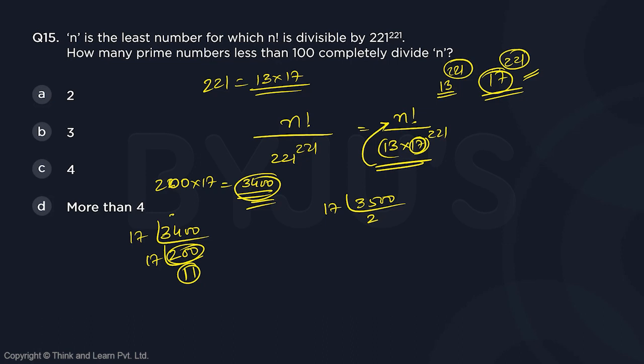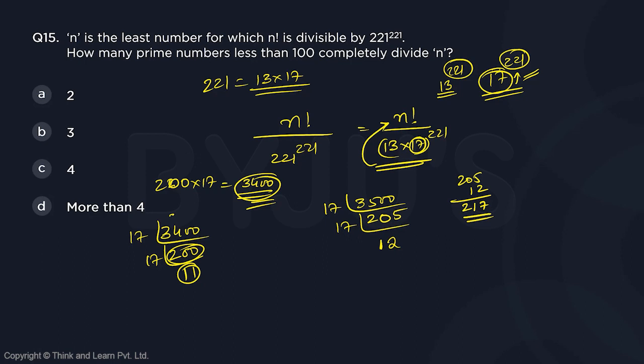I think I made a mistake. 17 5s are 85, so 205. Then how many more 17s? 17 ones are 17, so 12 more. So I have 205 plus 12, 217. I still need more. I need 221, so I'll have to go beyond 3500.